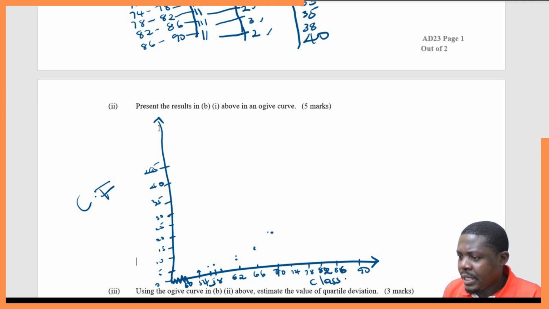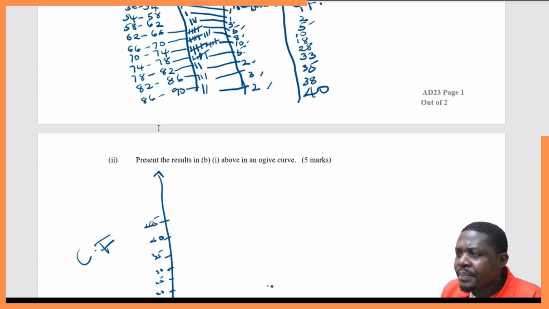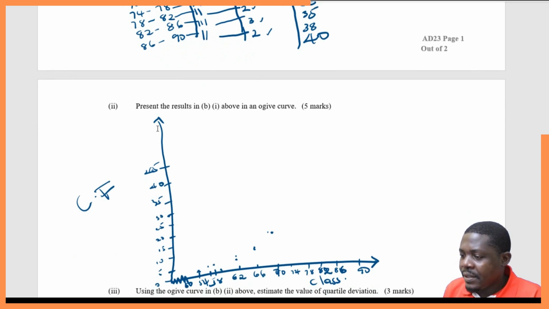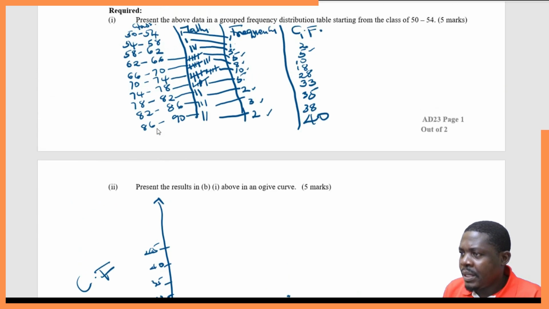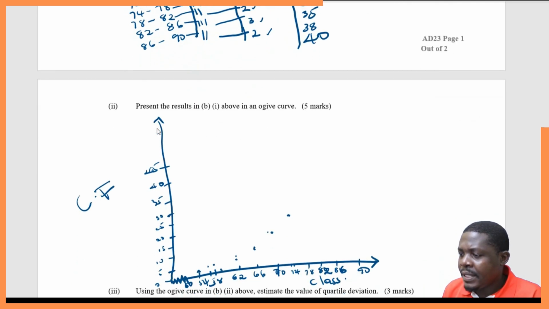Then 74 we had 28, above 25 should be there. And then we had 78, that is 33, below 35.